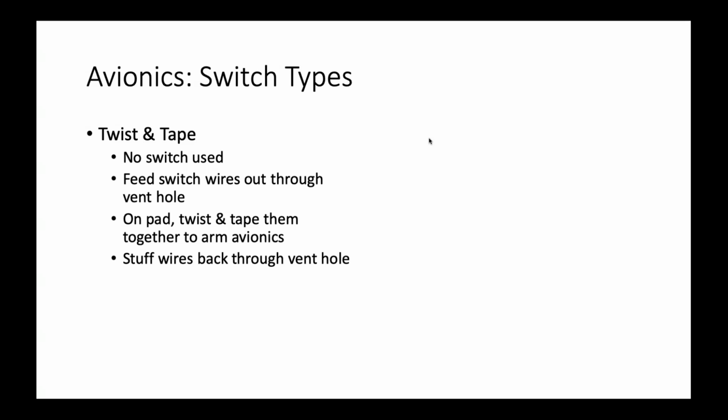You put your rocket on the pad, and then you take those two wires, twist them together, electrical or masking tape them, and then stuff it back through the vent hole. That's a fairly reliable but low-tech way to arm your electronics. Generally when you're on your prep table at the launch range, you would tape your two different wires to the rocket body so they don't touch while you're carrying it to the pad.